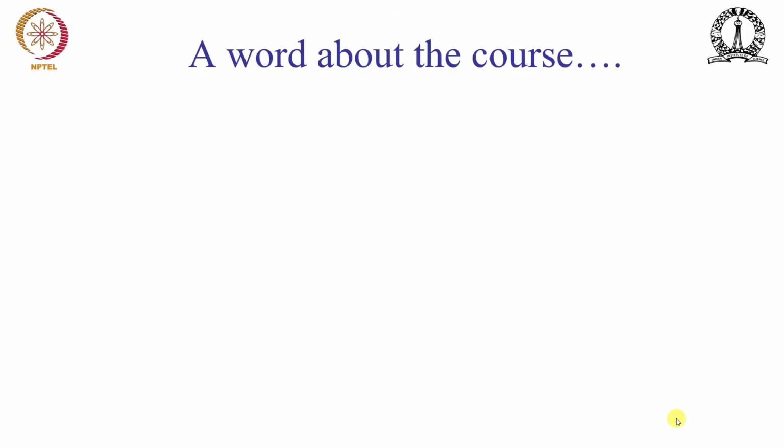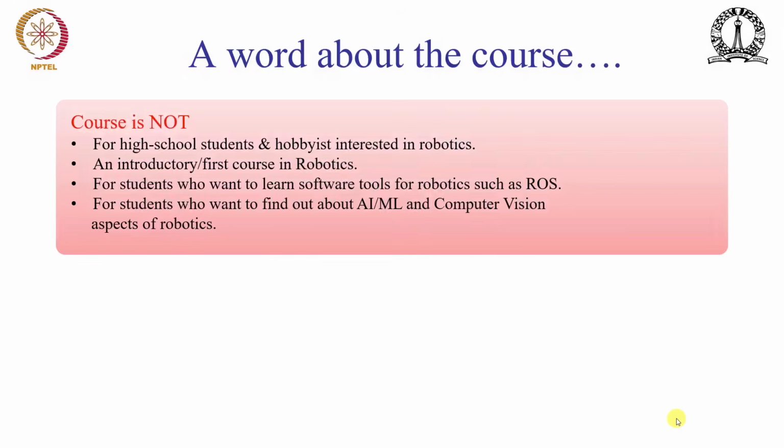Okay. So a word about the course. The course is not for high school students and hobbyists interested in robotics. There is a huge interest in robotics among high school students. They will use kits to show some robots which are doing some task. This is not a course for them.